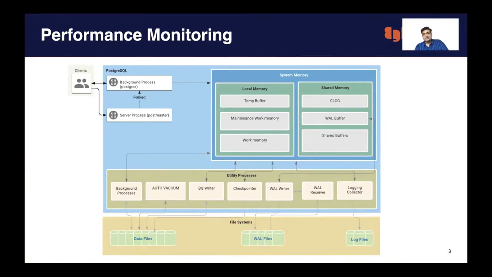The second part of shared memory is the WAL buffer. The WAL buffer keeps the changes you make over a period of time in your databases. The full form of WAL is write-ahead log. It is used to keep the ACID properties of databases.